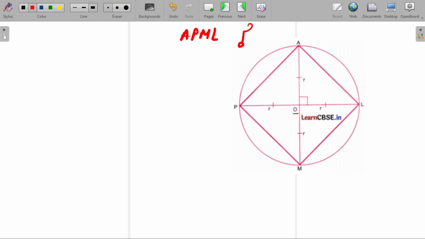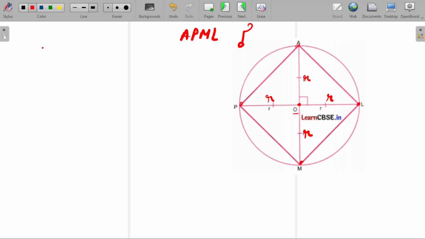Fine. So now in this figure, PL and AM both are perpendicular diameters of the circle. Obviously, they are the diameters of the circle passing through the center. If this is the radius, this is R, this is R. So obviously, this is also R, R, and R. These are the radii.